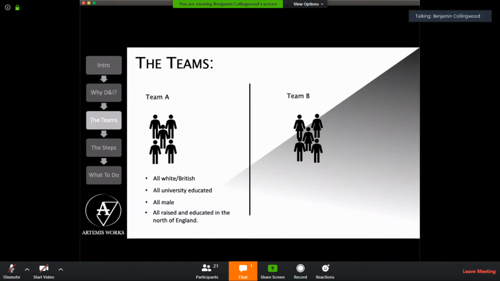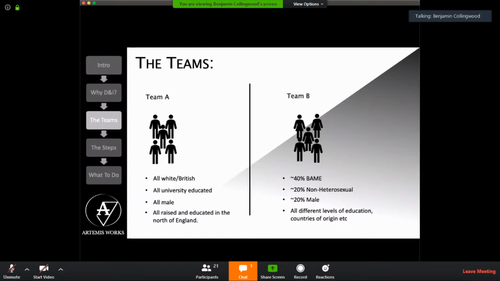Then we'll look at Team B, which was 40% Black, Asian, minority ethnic, 20% non-heterosexual, only 20% male, so a large female contingent, but a little bit underbalanced in terms of the actual gender diversity there, and from all different levels of education, countries of origin, all of those sorts of things.